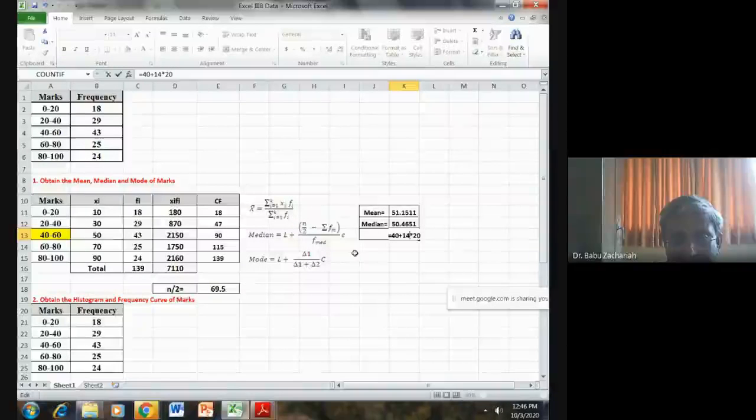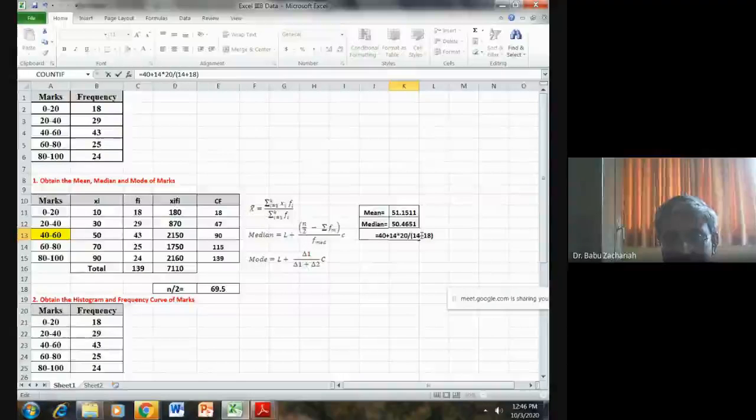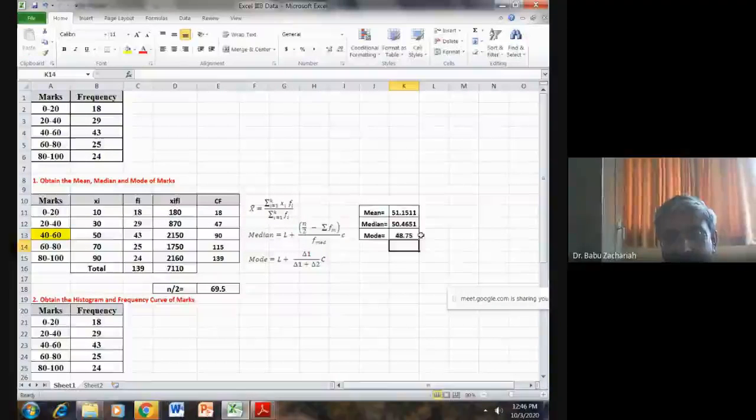Into C, divided by delta 1 plus delta 2, that is 14 plus the difference between 43 and 25, so 18, which gives 14 plus 18... the mode comes to 48.75.